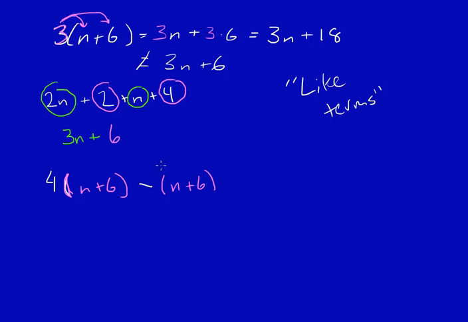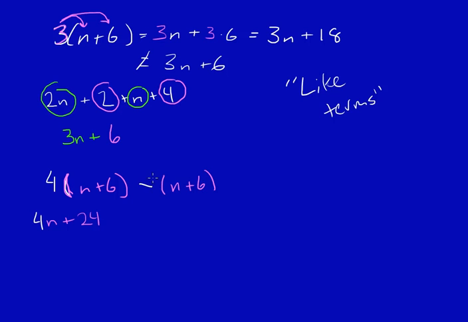But if you can spread them out using the distributive property, then it's going to look more like this, and you can mix them. When these parentheses are here, though, they're getting in your way. They're not letting you do it. So in order to do that, it would be 4 times n plus 4 times 6 is 24. And then here, this is a little tricky because you're subtracting a group of n plus 6.